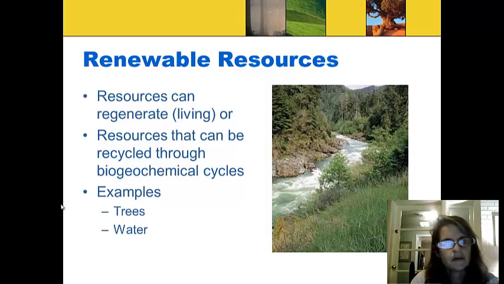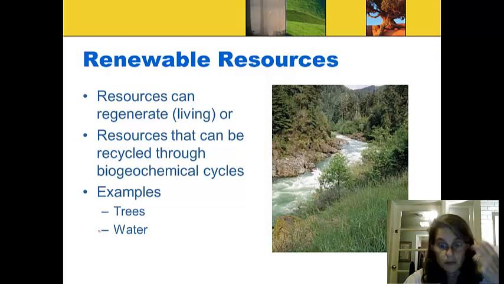So what we need to do is talk about resources that are available from the natural environment, from ecosystems, the impacts of using those resources on living things, and how we manage that. Some basic vocabulary: renewable resources are simply resources that can regenerate.